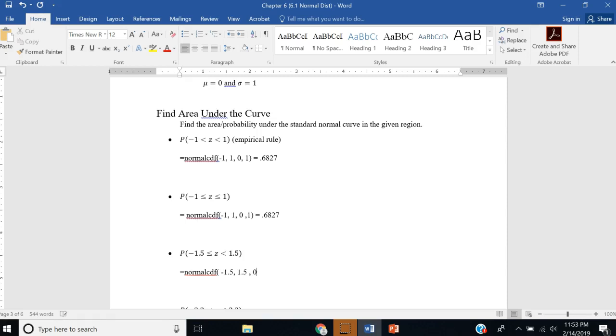My mean is still 0 because I'm still on the standard normal curve. And my standard deviation is still 1. So we type this into our calculator. Again, it's in that distribution menu, normal CDF, and then lower, upper, 0, 1. And you get a 0.8664. Again, this is rounded to 4 decimal places.